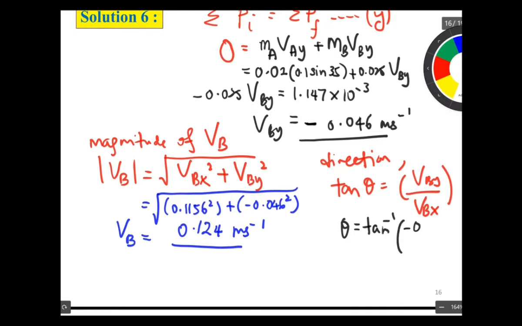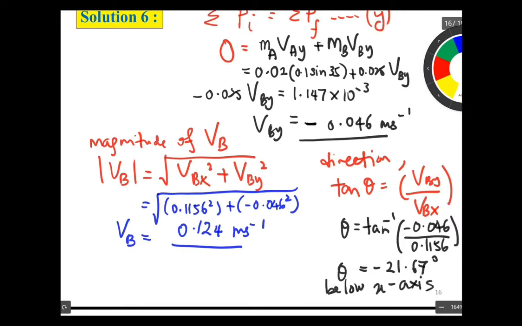VBY kita negative 0.046 divided by 0.1156. You get the answer, theta is equal to negative 21.67 degree below x-axis. Sama tak dengan jawapan?